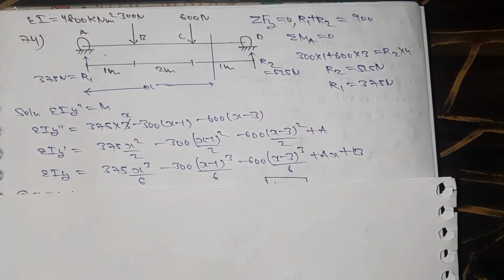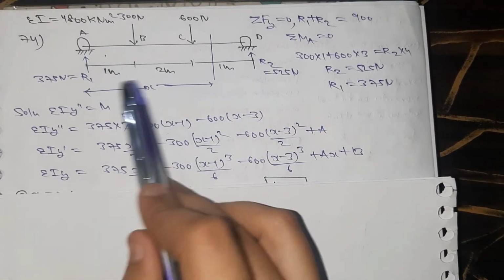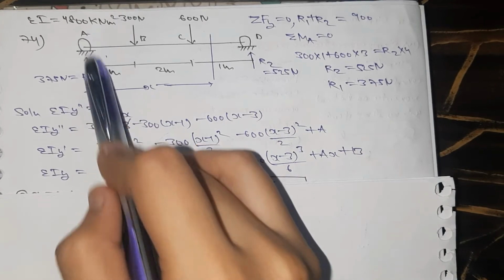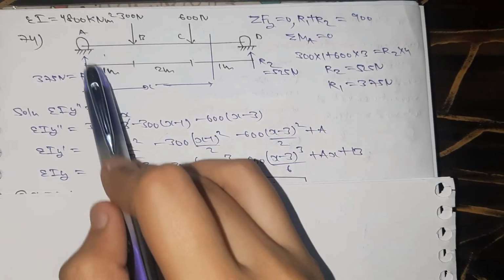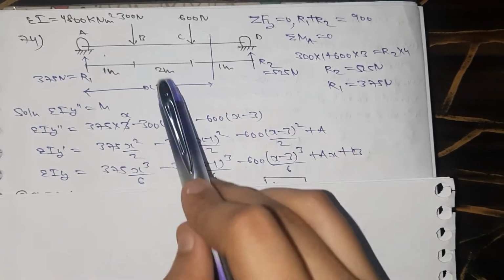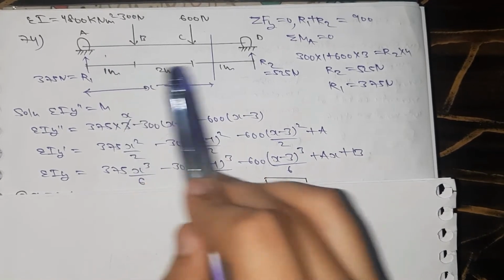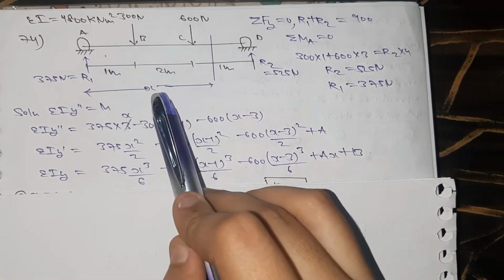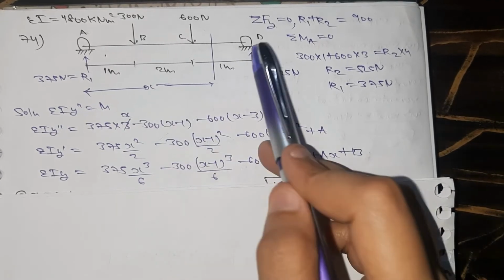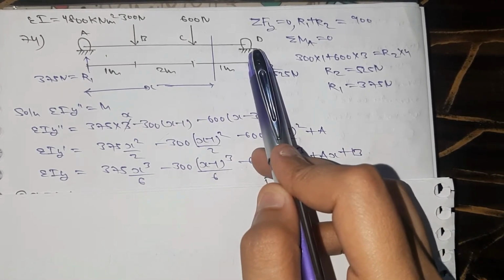So the first boundary condition is, when x becomes 0, deflection at A becomes 0. And if I take x equal to 2 plus 1 plus 1, it will become 4. That is, if x becomes 4, then deflection at D will also be 0.